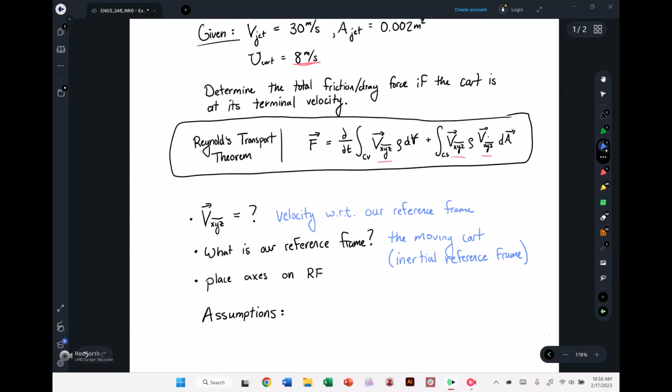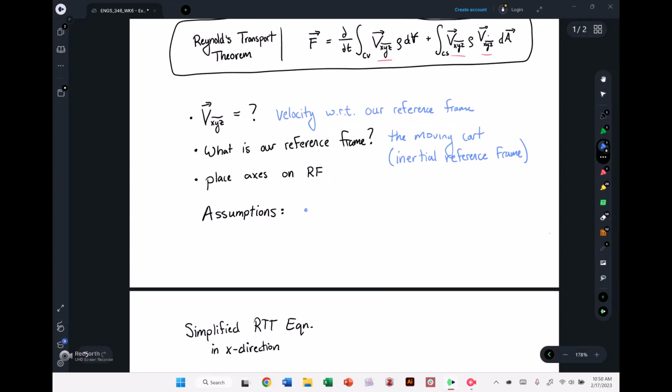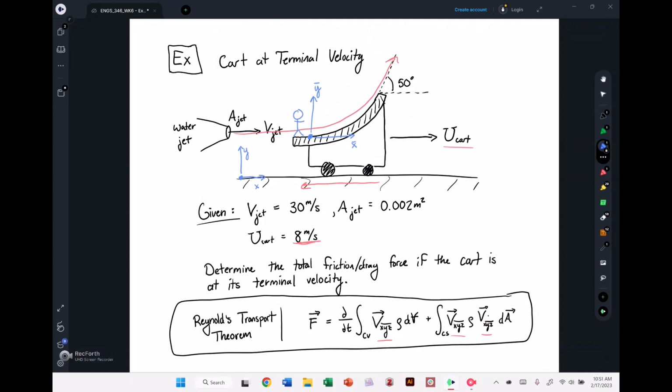So we're going to make some assumptions to be able to simplify the Reynolds transport theorem equation and give ourselves a little bit more tractable of a problem. We're going to assume that this is a uniform velocity. That's probably not a super great assumption when the jet hits the cart, because there is going to be the no-slip boundary condition at the surface of the cart.